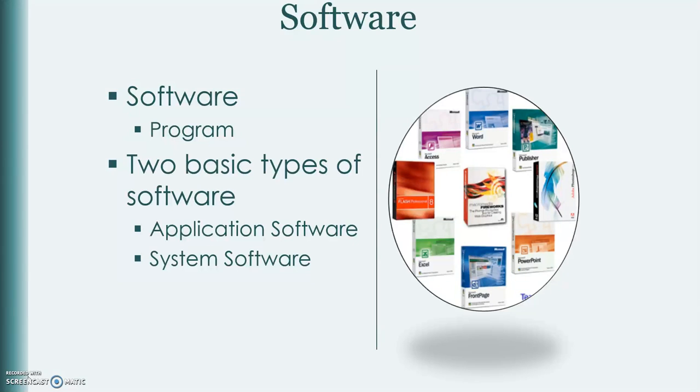Application software is the software that you use to do tasks at home, school, and work. System software includes software that helps run the computer and coordinate instructions between application software and the computer's hardware devices. System software includes the operating system and utility programs. Today we're going to focus on application software.